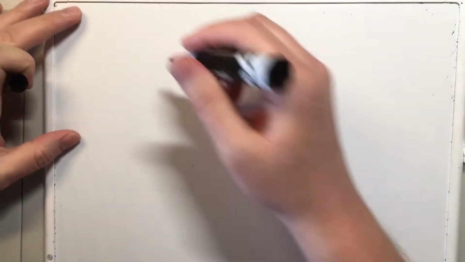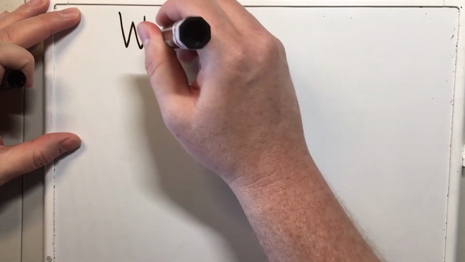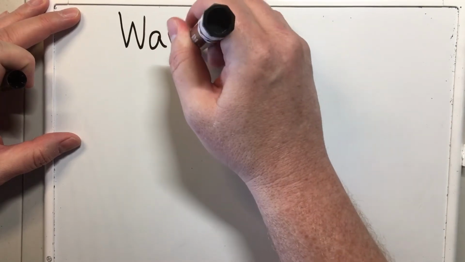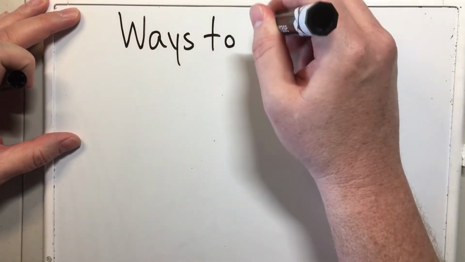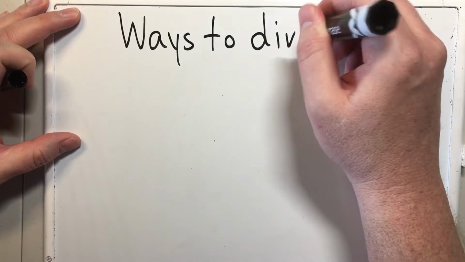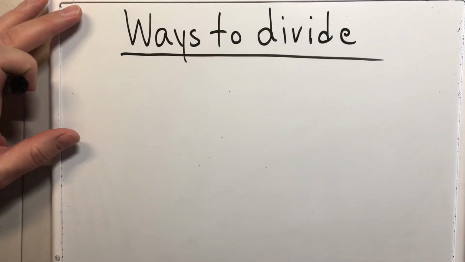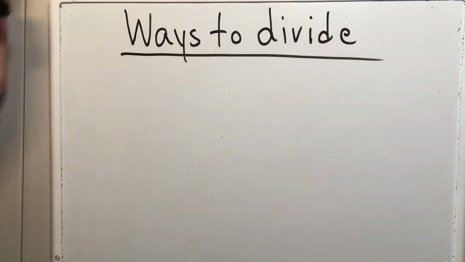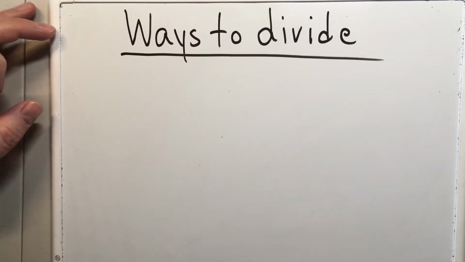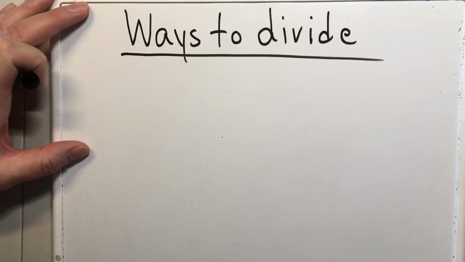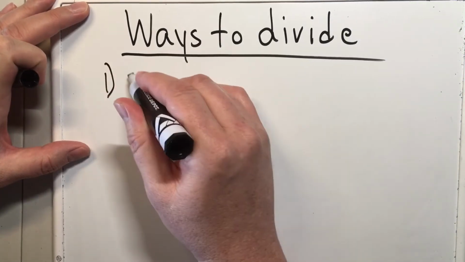If you've watched all my other videos about the four operations, we have come to this point now where we're going to learn about ways to divide. There's two ways that I know of as far as ways to divide with just numbers and calculation. The first one is called partial quotients.